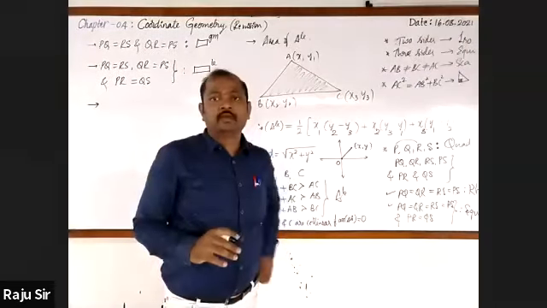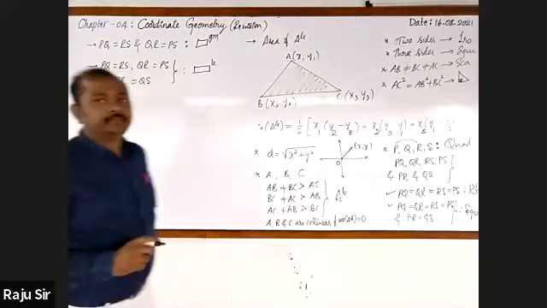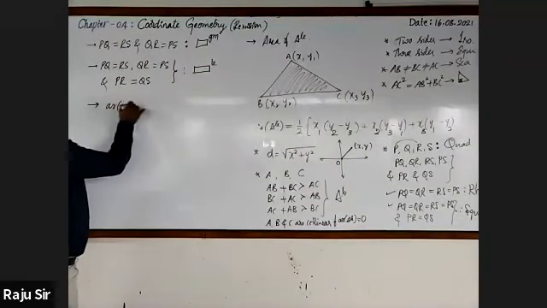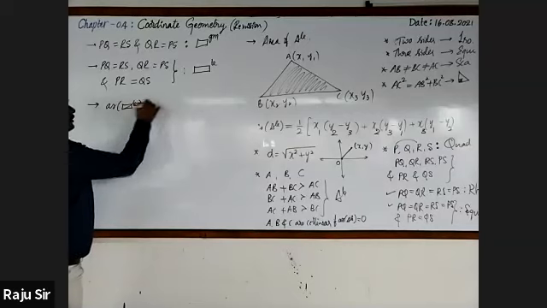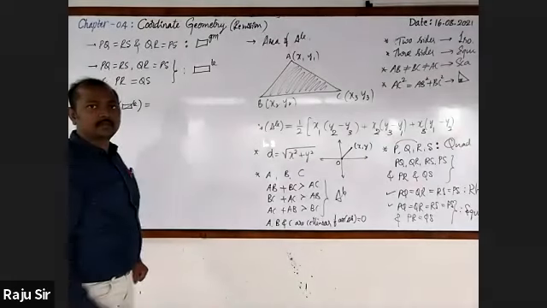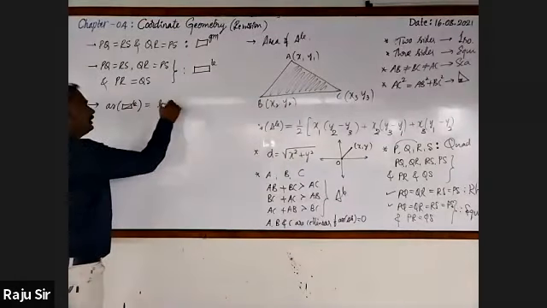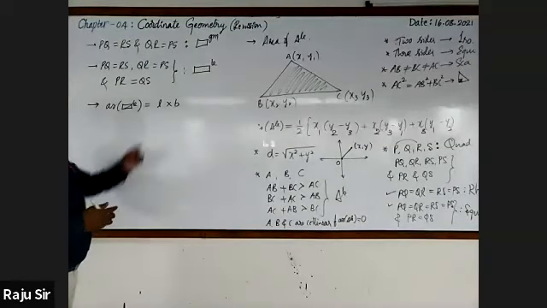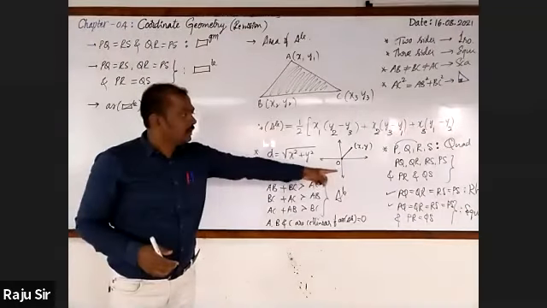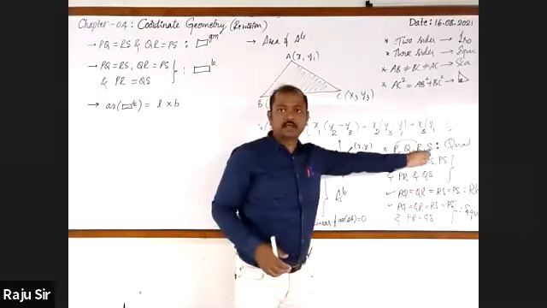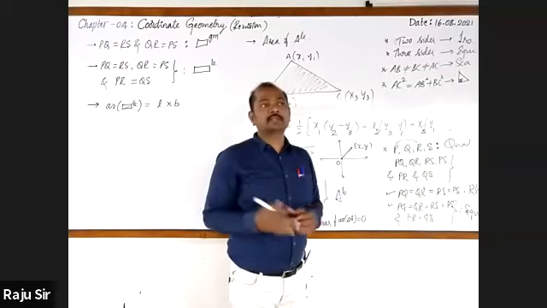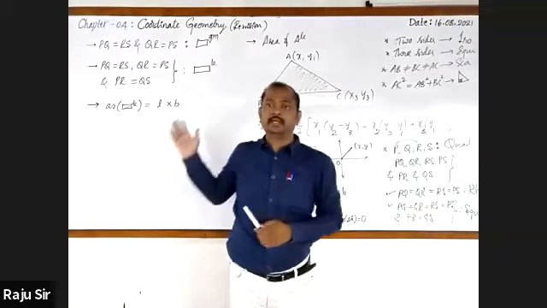Similarly, you know the area of a rectangle formula, what is it? Length into breadth. If it is given that P, Q, R and S are the vertices of a rectangle, then they may ask you to find its area.